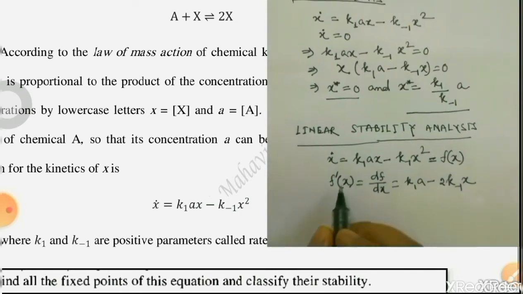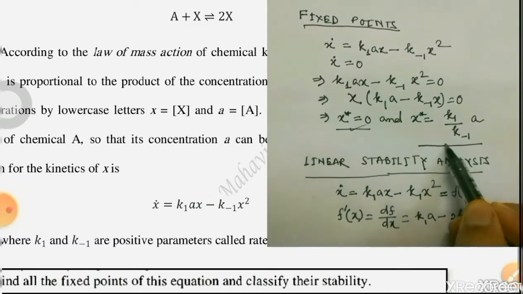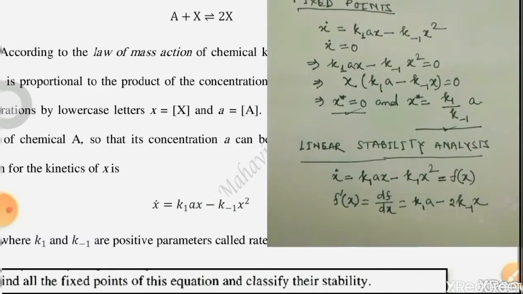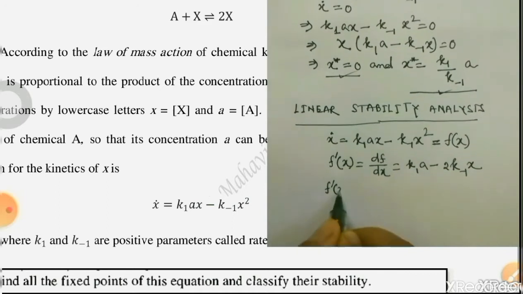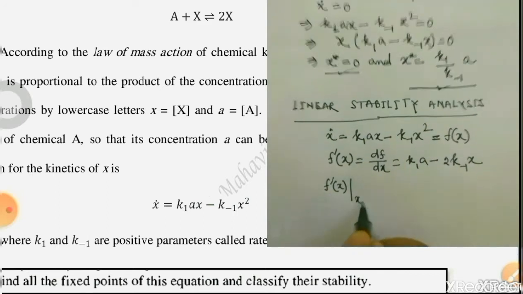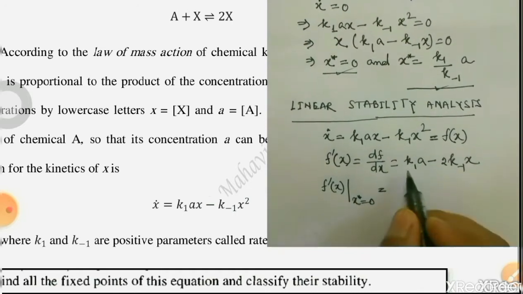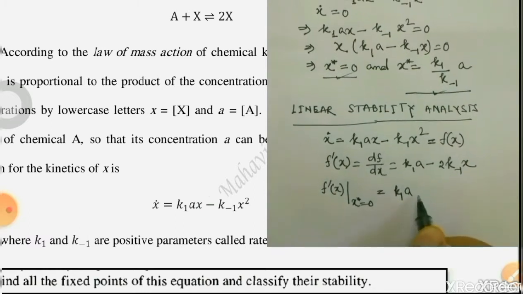We have two fixed points, x equals 0 and x equals k1 a by k minus 1. So f prime x at x star equals 0 will be equal to k1 a.